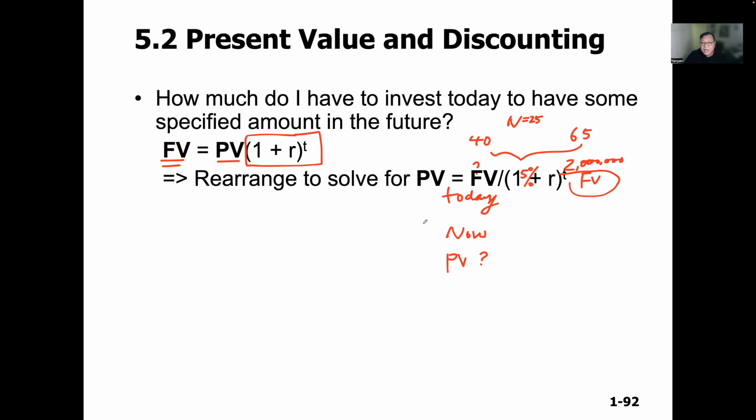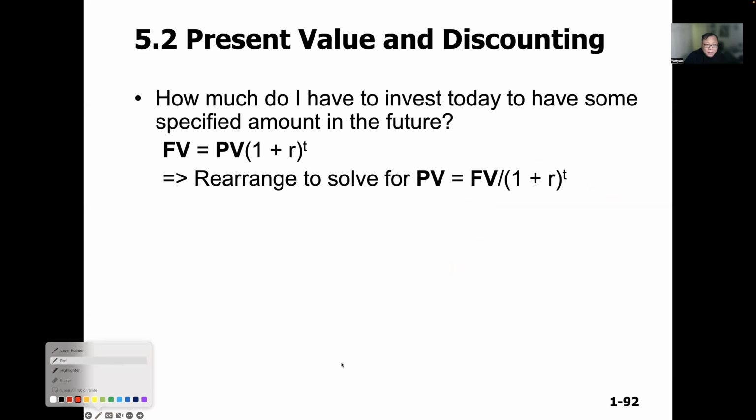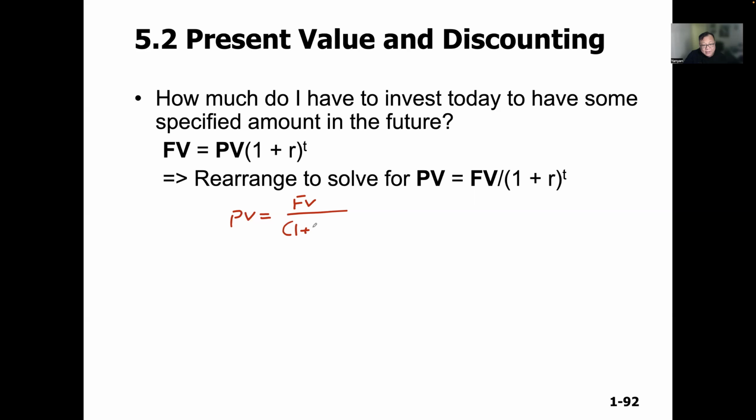So we can just reorganize this formula. Okay, so we reorganize the formula. Basically, we have present value equals future value divided by (1 + r) to the power t.